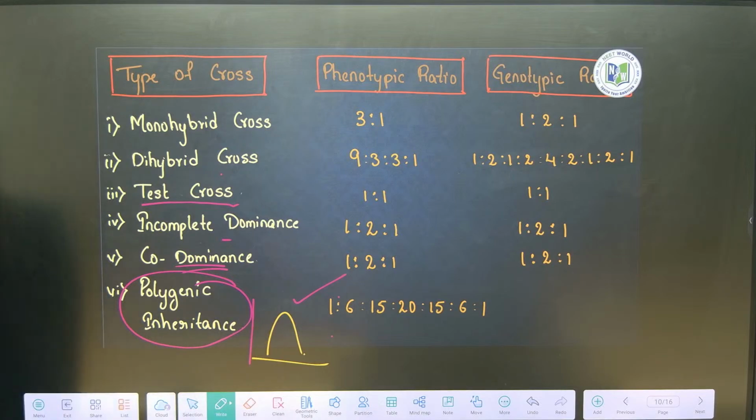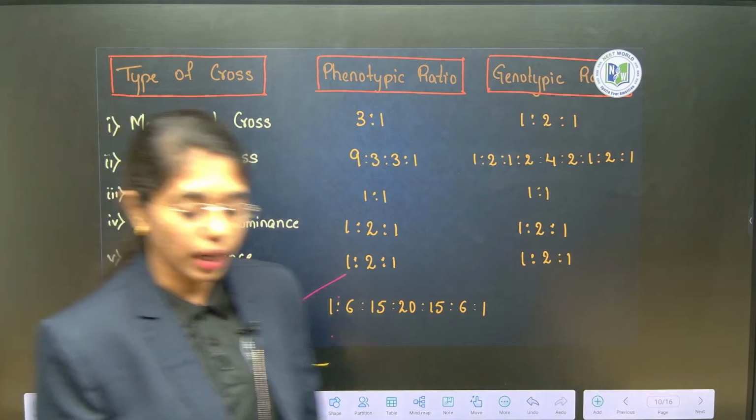Take down. If you are done with this, then we will begin with chromosomal theory of inheritance.